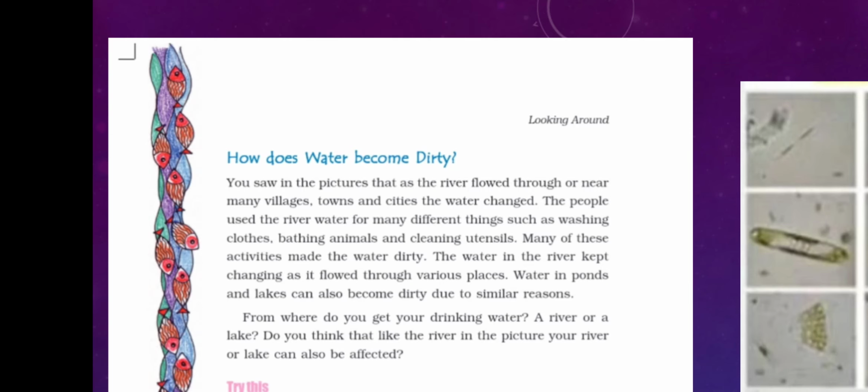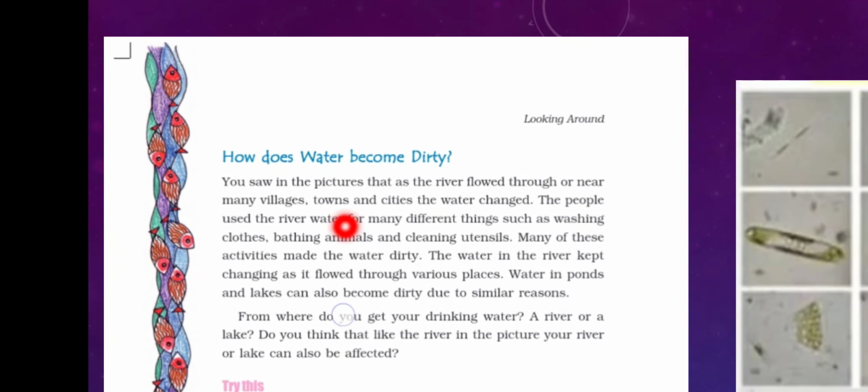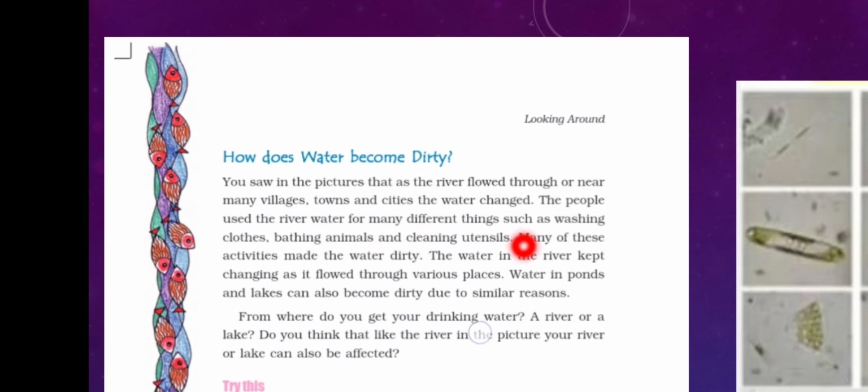The color of the water changes. What is the main reason for that? Because we are throwing different types of waste and sewage in the river water, and we are using the river water for many different things such as washing clothes, bathing animals, and cleaning utensils.